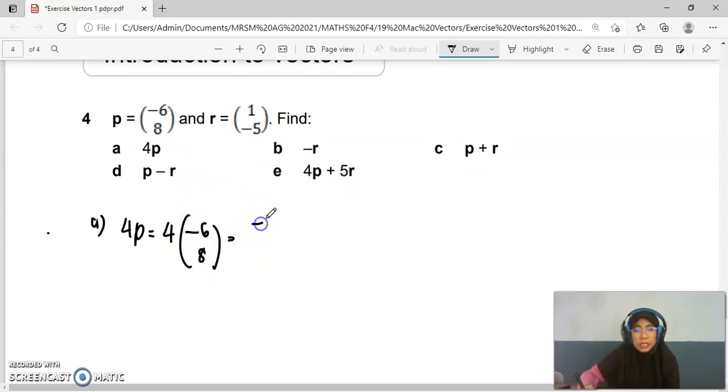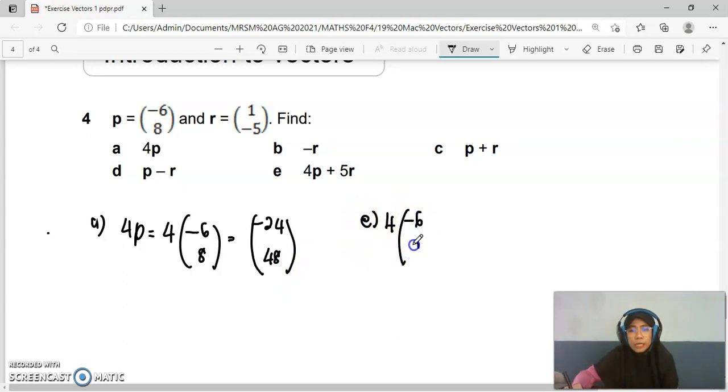So it will be negative 24 and 48. That one is for a. For b, as usual, you just put a negative. For c, you add the vectors. For d, you subtract the vectors, and for e, you multiply and then add the vectors. So I will do question e, the last one.